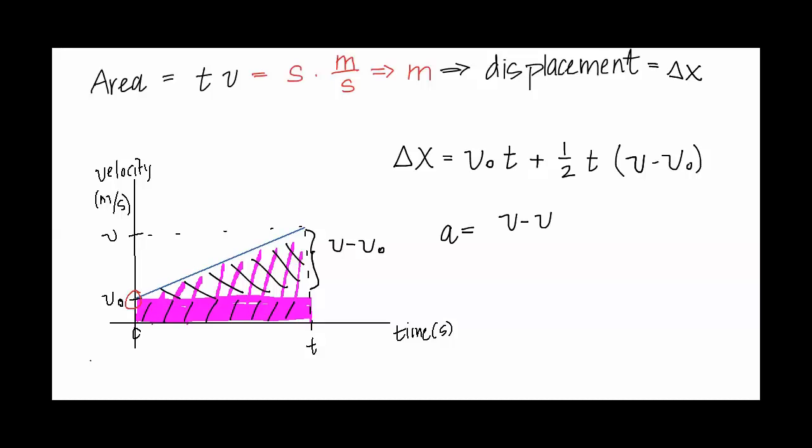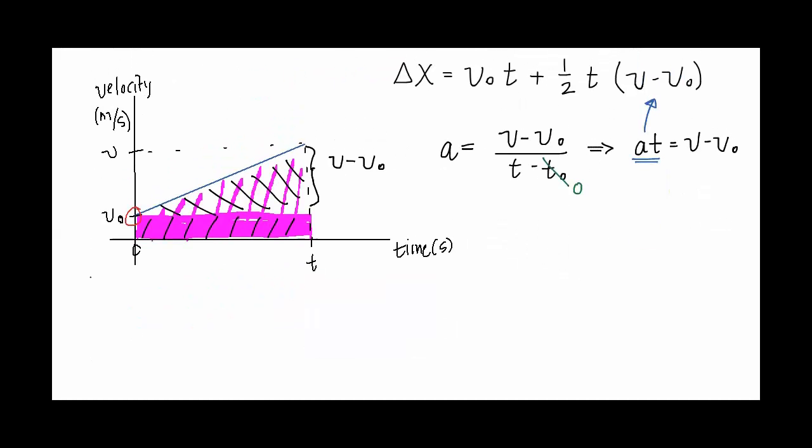Now, that's kind of ugly, but if a is equal to v minus v naught over t minus t naught, and t naught is 0, then we can rewrite v minus v naught, or at, as v minus v naught, and make a substitution.